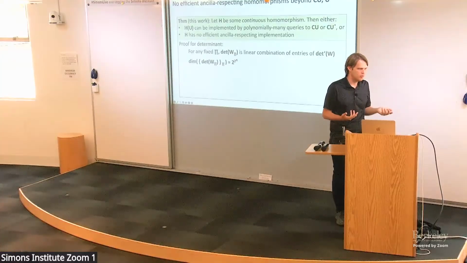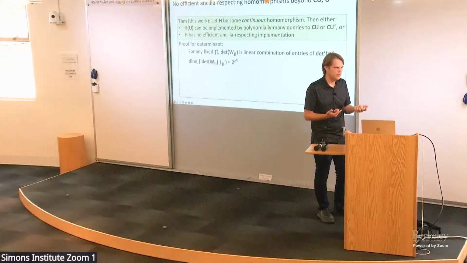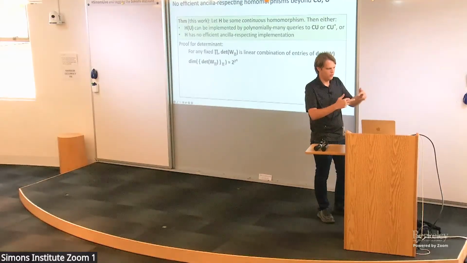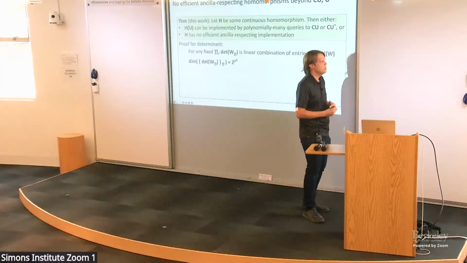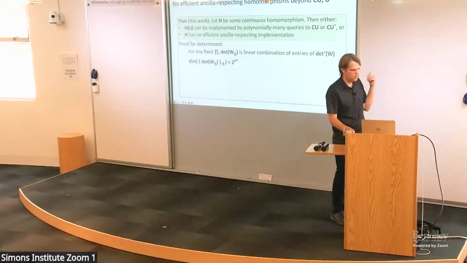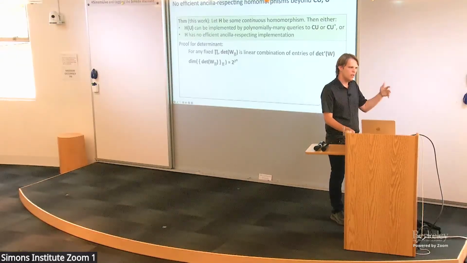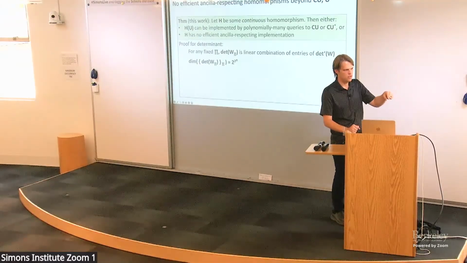It's not a tensor product anymore, but you can still implement it with just two queries, because it's just you acting twice on the symmetric subspace, and basically the representation theory tells you that any continuous homomorphism can more intuitively be decomposed into some invariant subspace, and then just acting on the different components of that subspace by making queries to U.